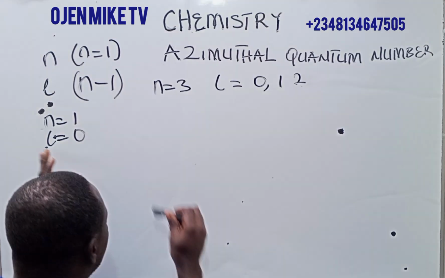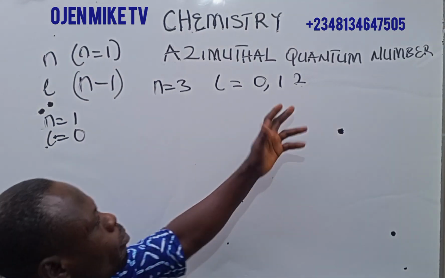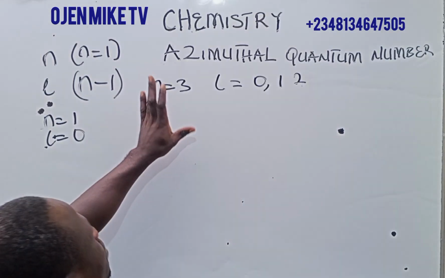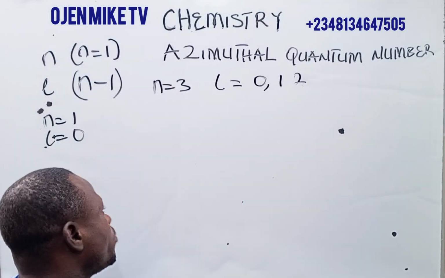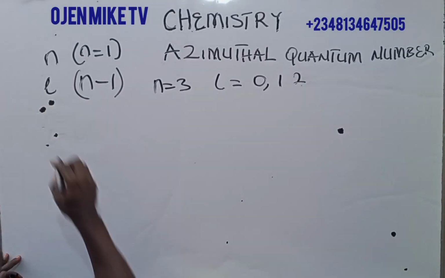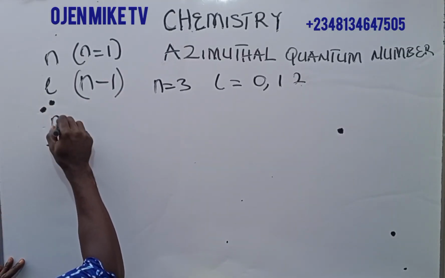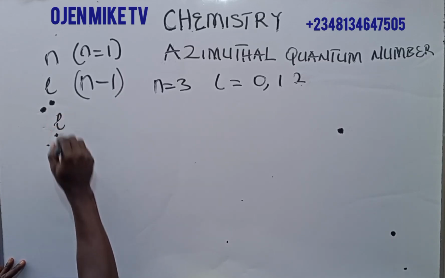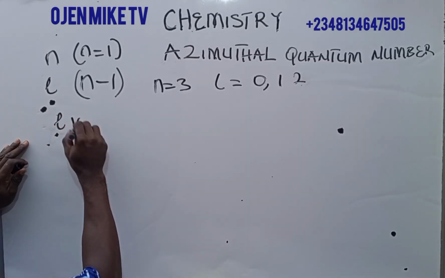So we are going to look at the table to describe the shape, the subshell, and everything about the azimuthal quantum number. The first thing we are going to look at is the L value.